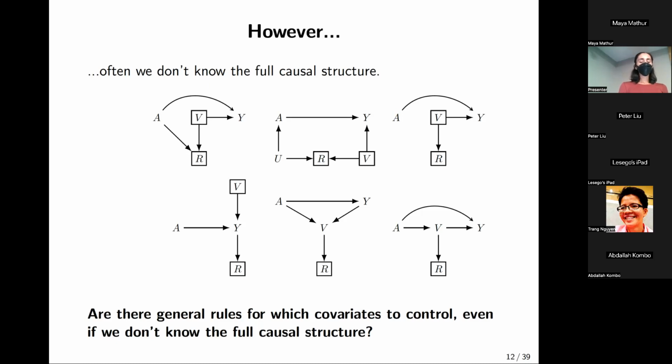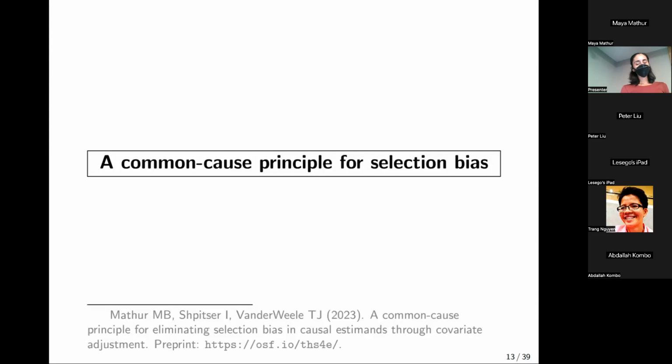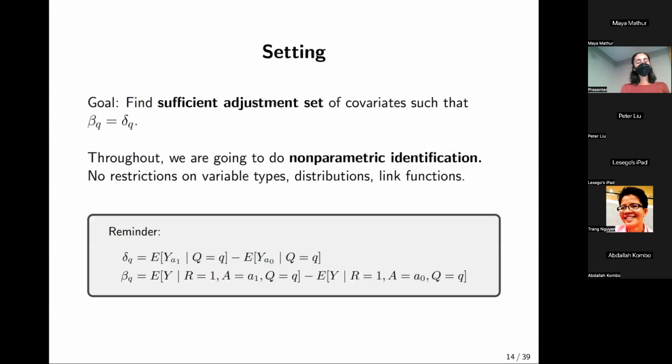So the question is, can we do something? Can we have rules for which covariates to control, even if we only know something about the causal structure? Maybe we know something about common causes, but we don't know which of these things we're looking at. All right, so again, the goal is to find a sufficient adjustment set of covariates, and we're going to do this in a way that doesn't place parametric restrictions and doesn't place restrictions on variable types or link functions either.